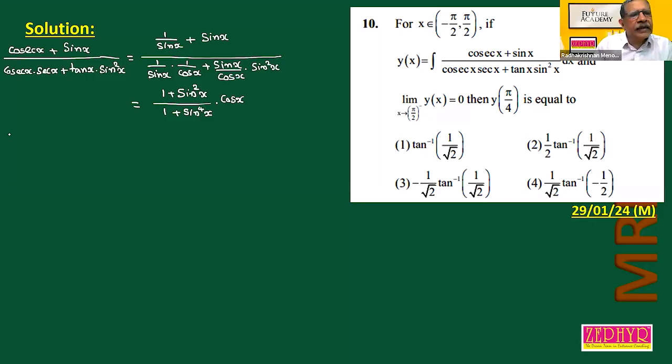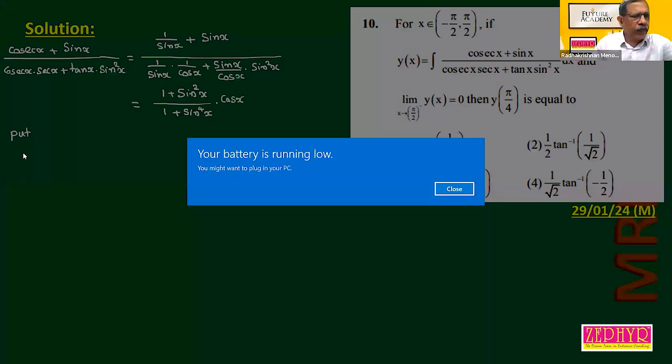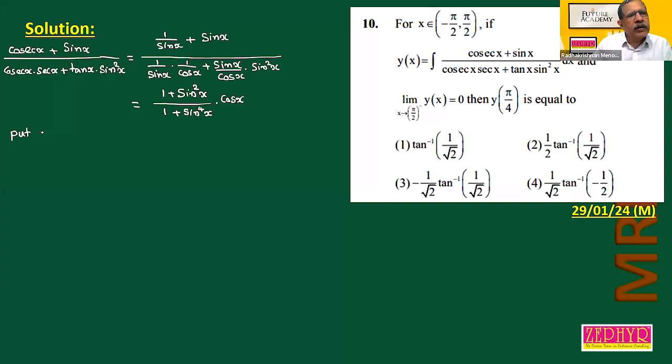Now put sin x equal to t. Therefore cos x dx is equal to dt. Now, what about y of x?